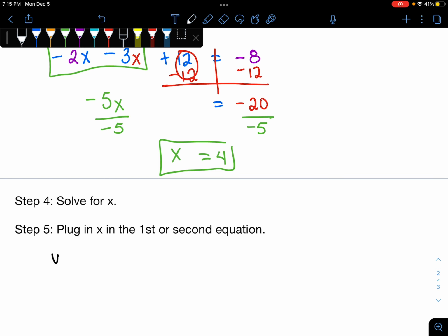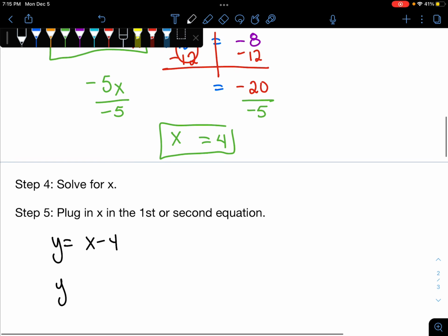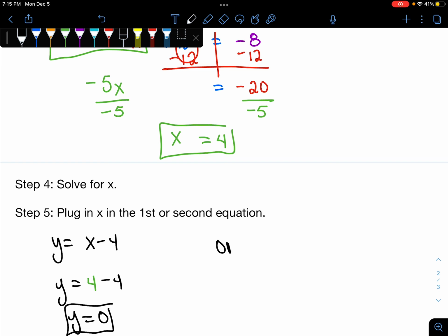Our first equation was y equals x minus 4. So let's plug in our 4. So we have y equals 4 minus 4. So y equals 0. So my ordered pair is 4, 0.